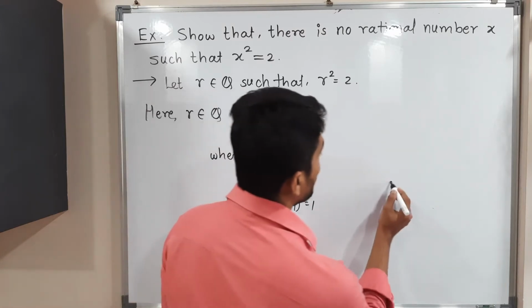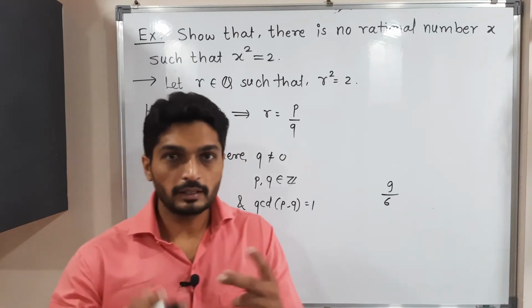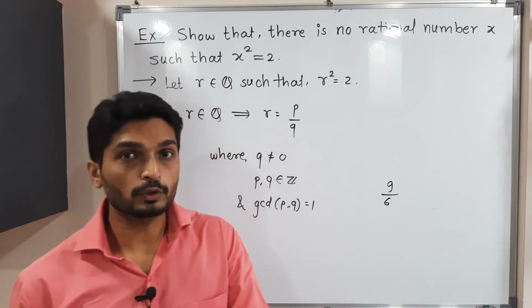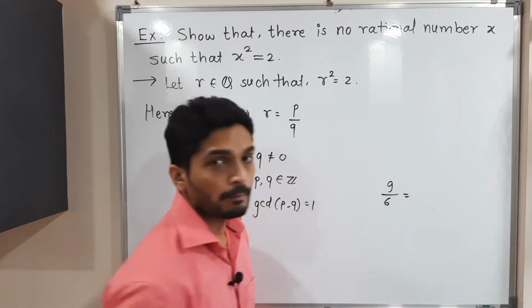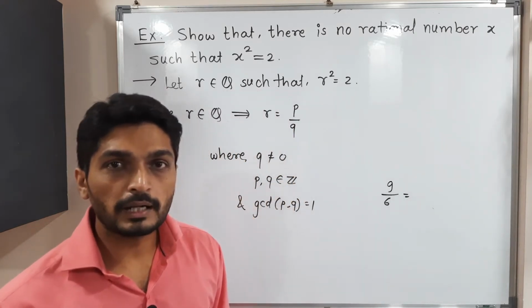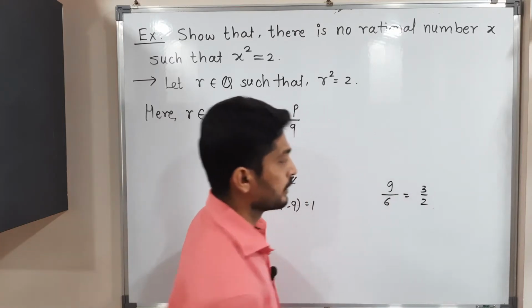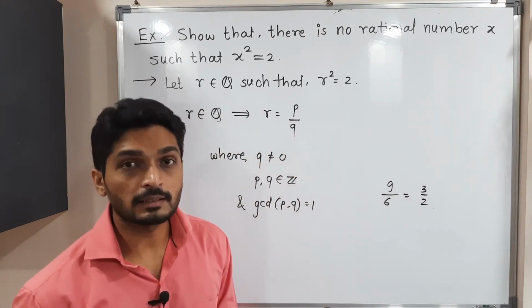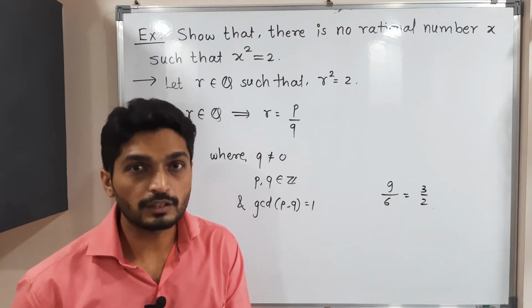For example, 9 by 6. This is a rational number, right? Anything can be expressed in the form of P upon Q in a rational number, where 9 and 6 are integers. But both of them are divisible by 3, right? So if you divide both by 3, it is 3 by 2. This is also a rational number. These are not distinct rational numbers, we have just expressed it in a different way.